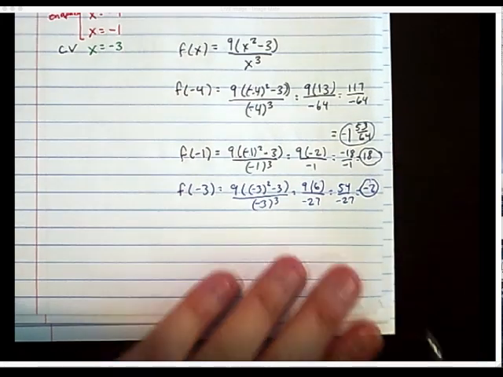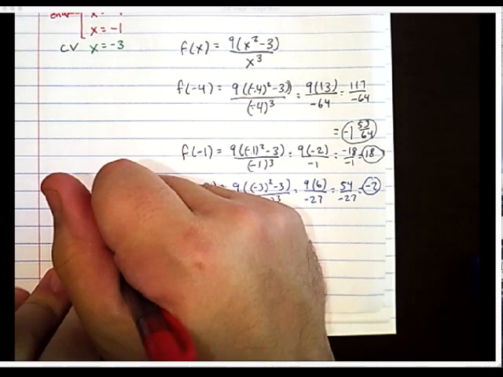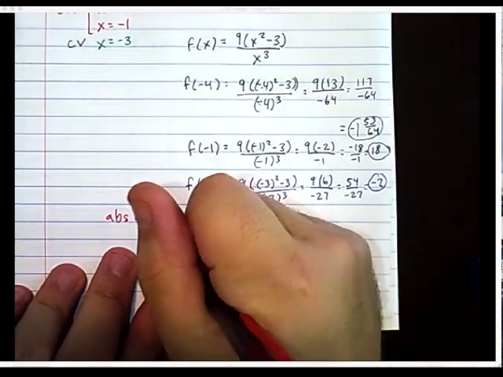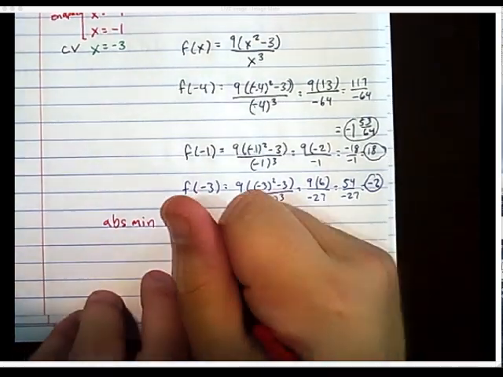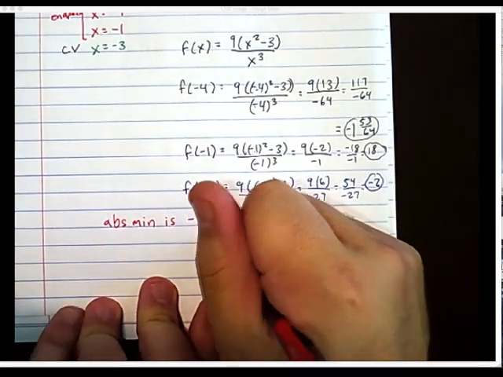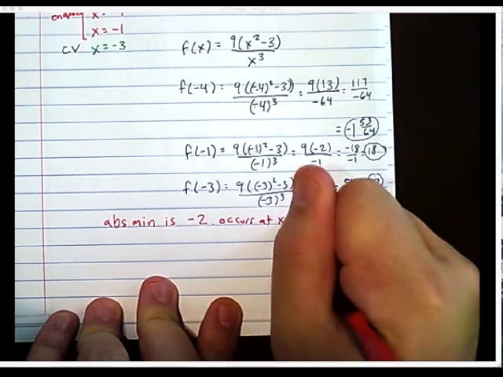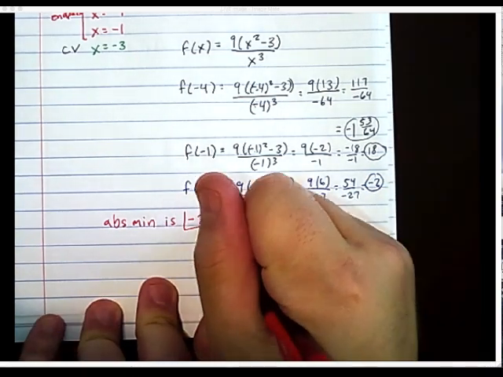Okay, so look at these three numbers. Which one is the smallest? That's going to be the absolute minimum. The absolute minimum is negative 2, the smallest of these three numbers, and that occurs at an x value of negative 3.